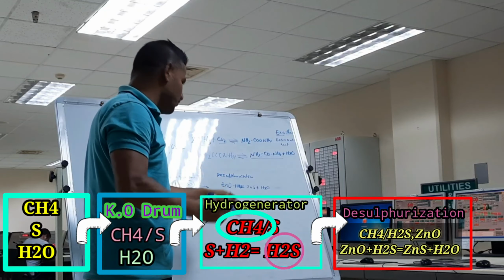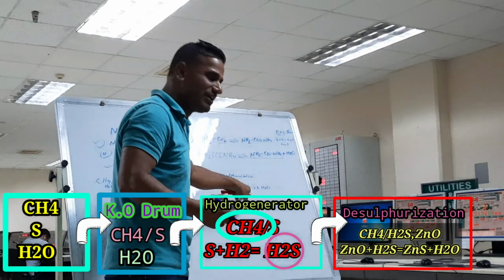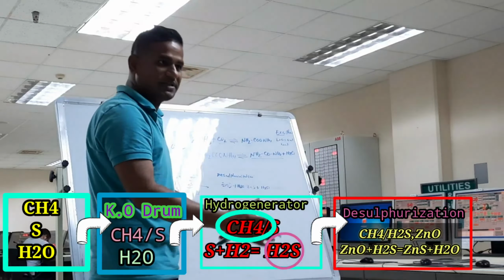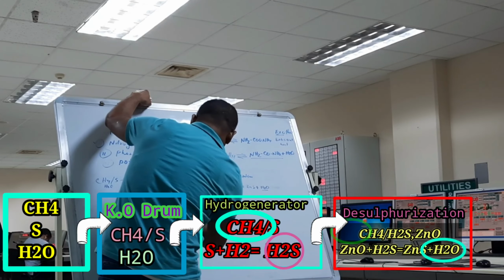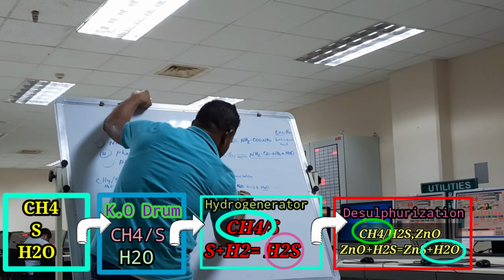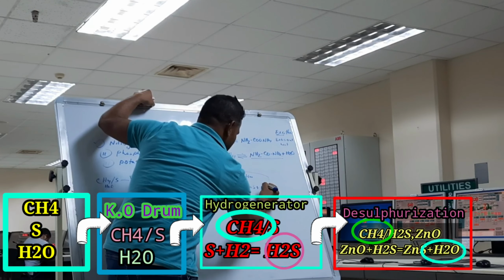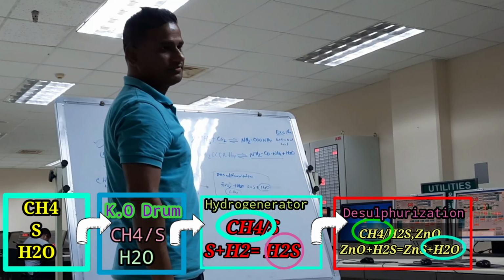This zinc oxide catalyst reacts with hydrogen sulfide, creates zinc sulfide, and absorbs in this vessel. They are using two vessels. Okay. So finally we get this water, steam and this methane. Methane does not react. So from the desulfurization system, what types of product do we get? We get methane and water.